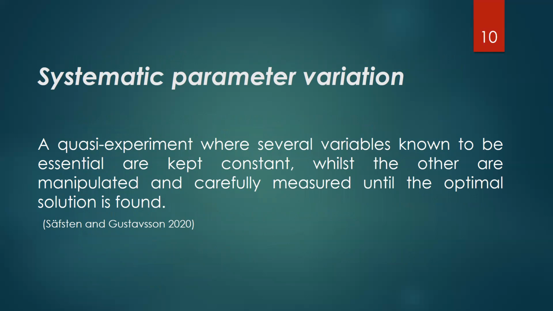You look at the output, and you expect that this output should have this value. Then you play with these manipulated factors to see which values help the result reach that expected value. But you have to do it in a systematic way.